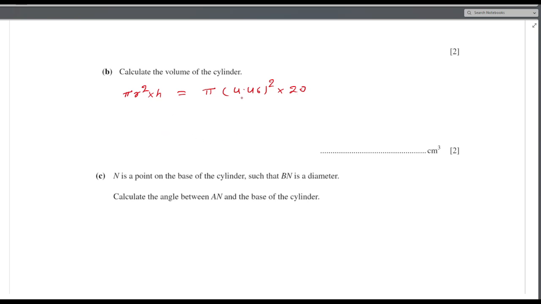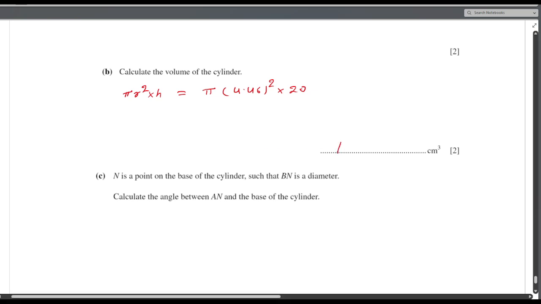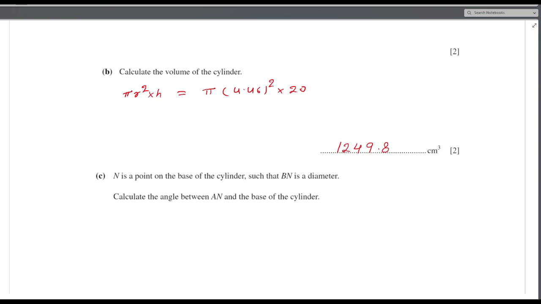So the volume is 1249.8 centimeter cube. If someone asks you to write in three significant figures, then you can say 1250.